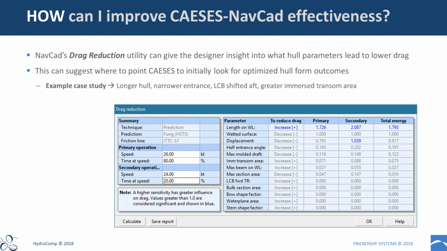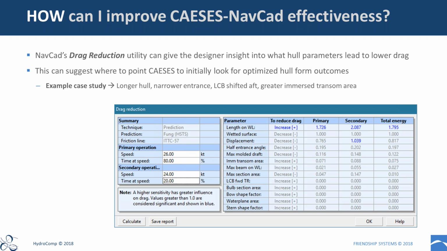Now, one way of improving the CAESES-NavCad effectiveness is to do some preliminary optimization within NavCad before you begin your more broad optimization within CAESES. And I would just like to introduce you to NavCad's drag reduction utility. This is not an optimization utility.